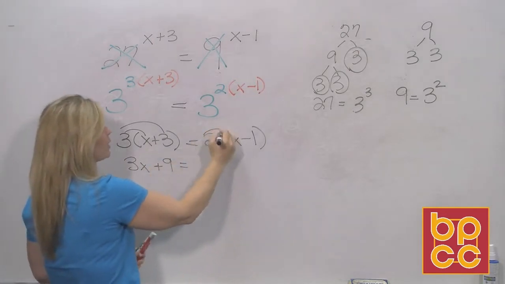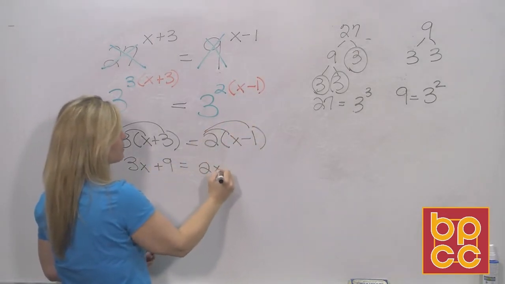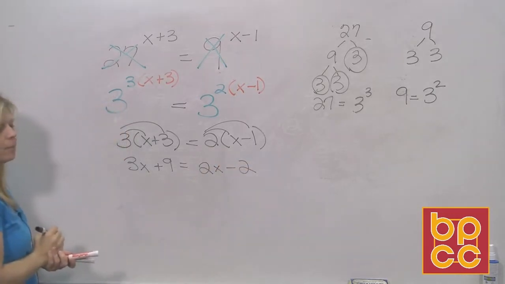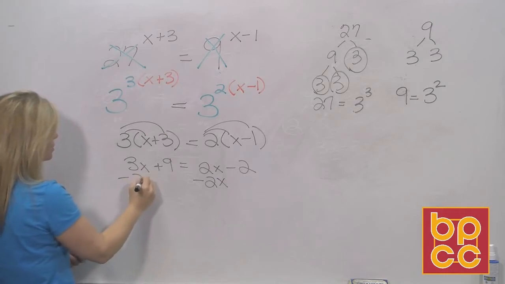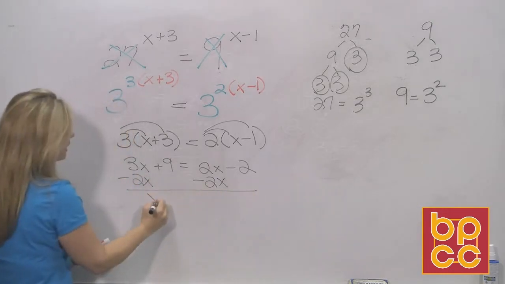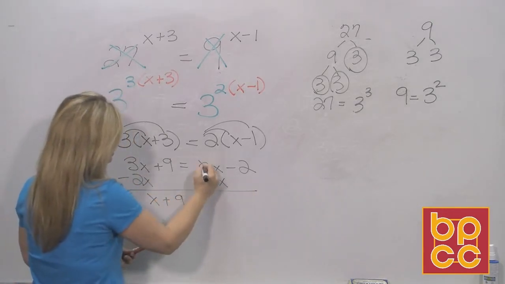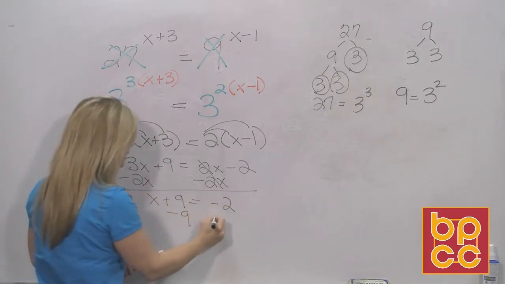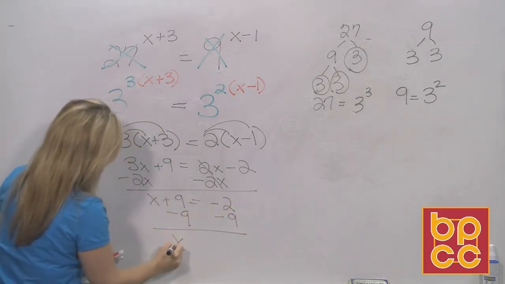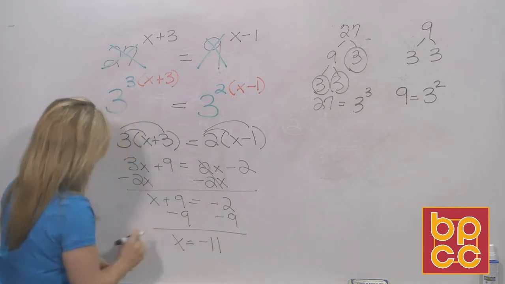And on the right side, when we distribute, we get 2x minus 2. Okay, Ms. Black always moves her variables to the left, so I subtract 2x. So I get x plus 9 equals negative 2. Now I'm going to subtract 9, and I'm going to get x equals negative 11.